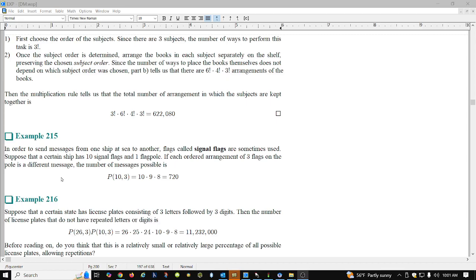If a certain ship has 10 signal flags and 1 flagpole, and if each ordered arrangement of 3 flags is a different message, which it's bound to be, the number of messages possible is P10(3), which is 10 lower factorial 3, which is 720.